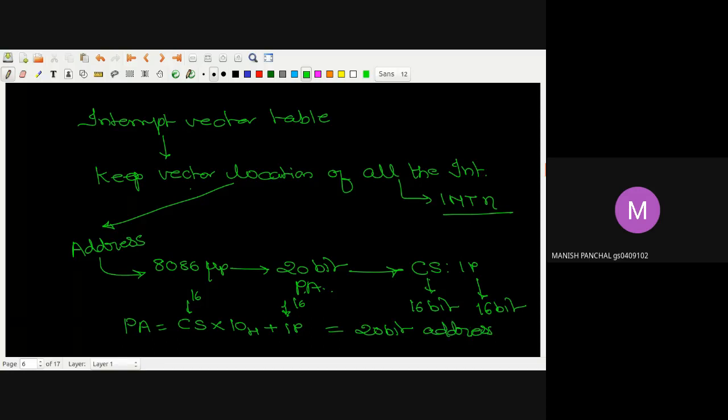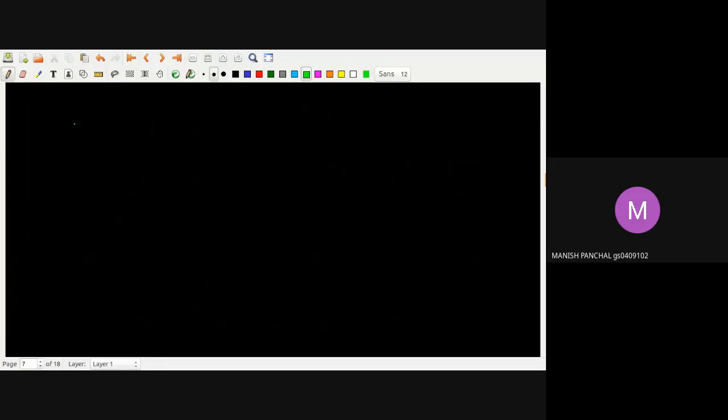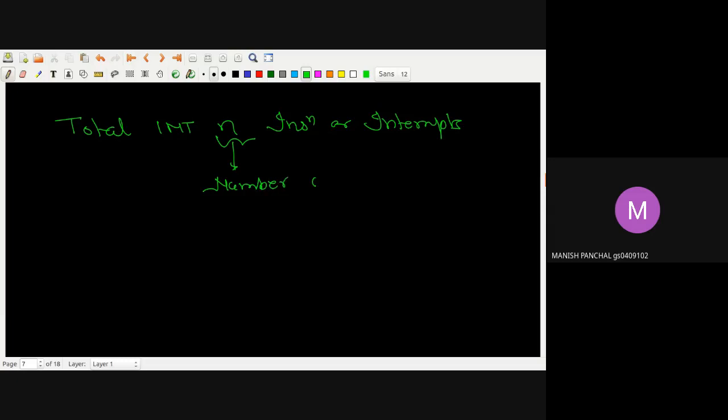Now come to the point: first we'll talk about how many interrupts there are. The total number of INT n instructions, or we can say interrupts, where n is called the number of that interrupt.